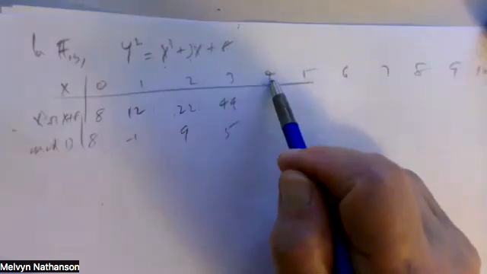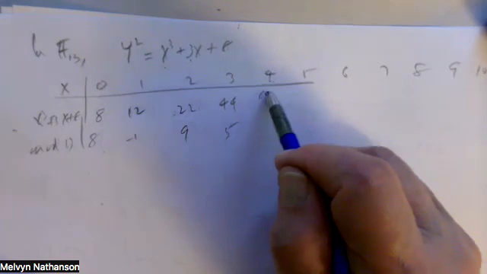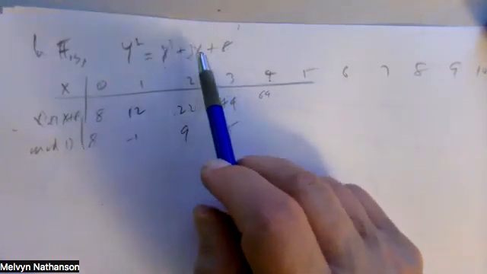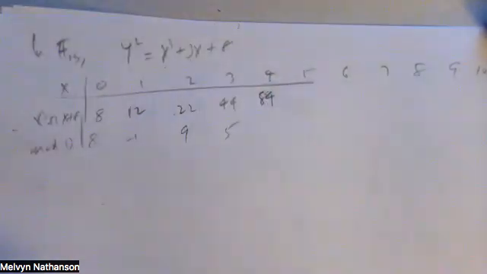4 cubed is 64 plus 12 plus 8 is 84. Let's see, 13 times 7 is 91, 13 times 6 is 78.